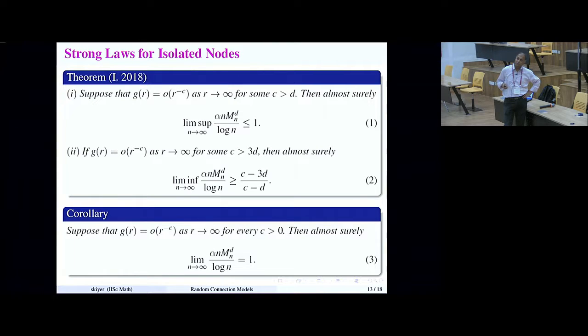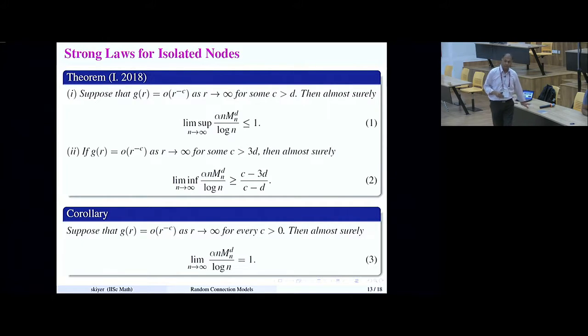One can show that the lim inf is greater than this quantity here. Of course, if the connection function decays exponentially fast, then this holds for all C, and so these two are the same. So the largest nearest neighbor distance essentially behaves like log n over n alpha.